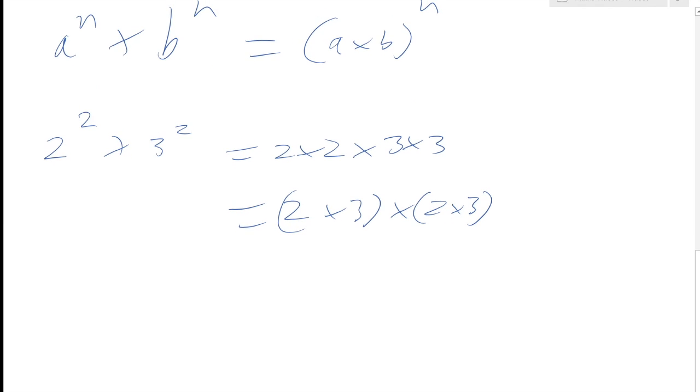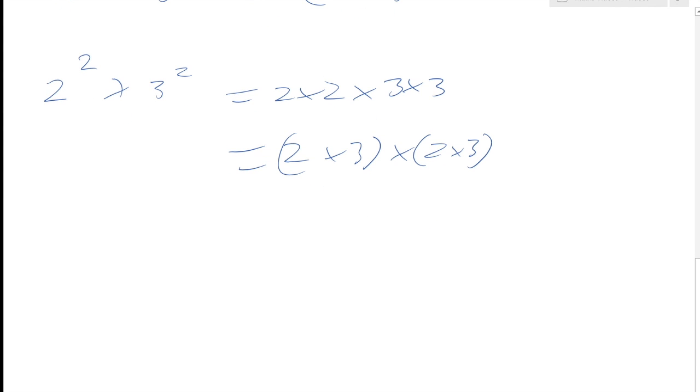This doesn't work for subtraction and division, but addition and multiplication are commutative. I'll write that down. Commutative, I apologise, my M's are horrible. Commutative basically means you can do A then B or B then A. It doesn't matter.